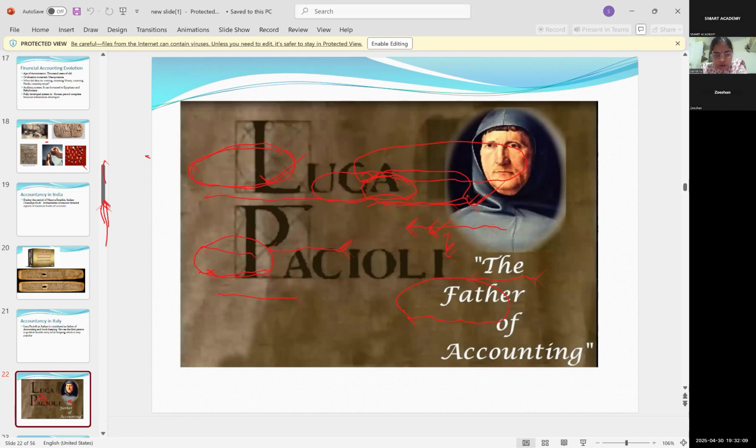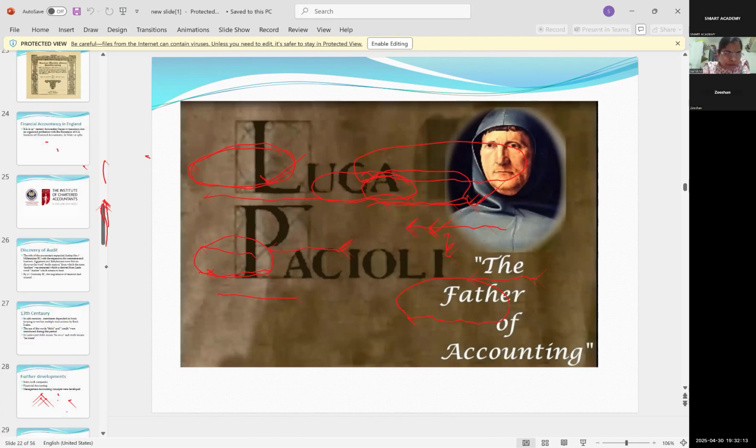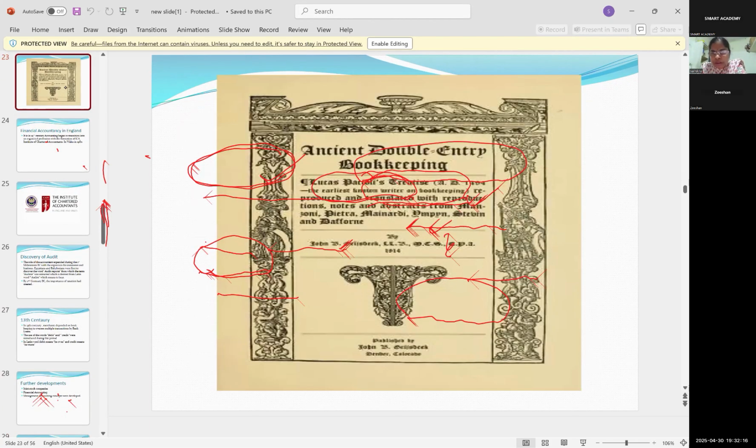This is the father of accounting. And this is the book he has written. The book he has written will resemble somewhat like this. So till now, how many countries have we covered?